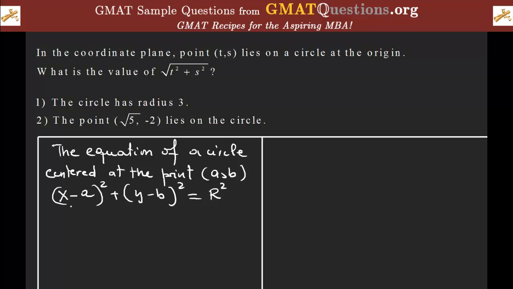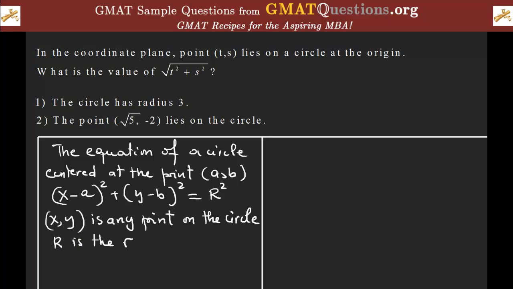Obviously, I need to tell you what x and y are and also what r is. (x, y) is a point on the circle, any arbitrary point on the circle we're dealing with here. And r is the radius of the circle. I hope so far so good.